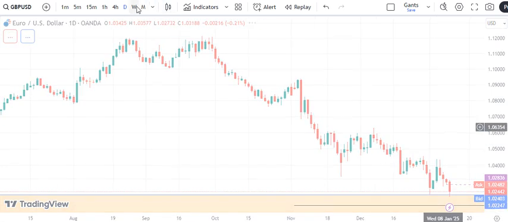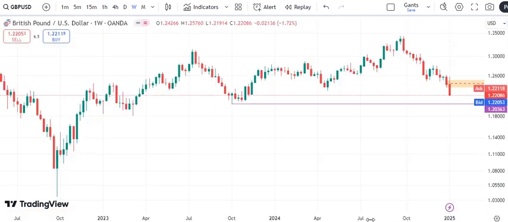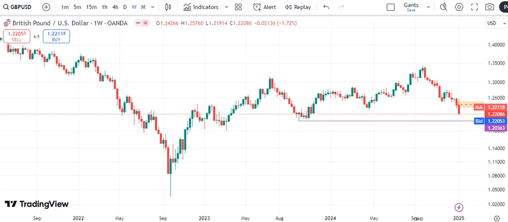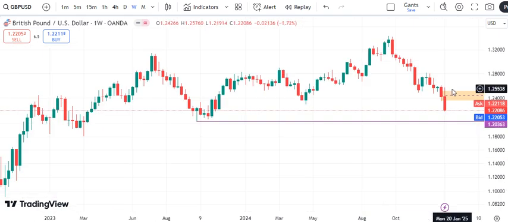GBP USD weekly time frame. Let's see what happened. All right, so we had a bearish movement, traded down, clearly took out this low, and broke below this propulsion block. So the next target will be this low. That's my next target.